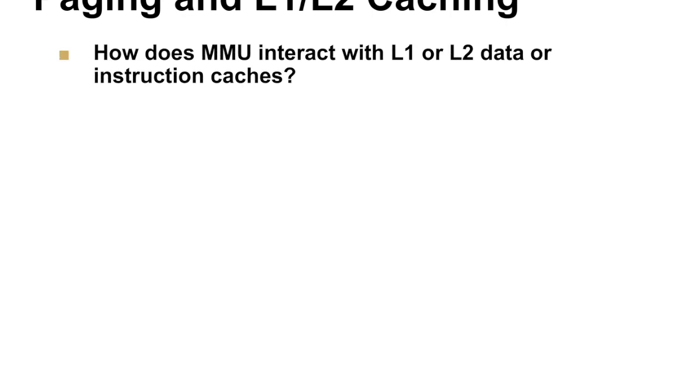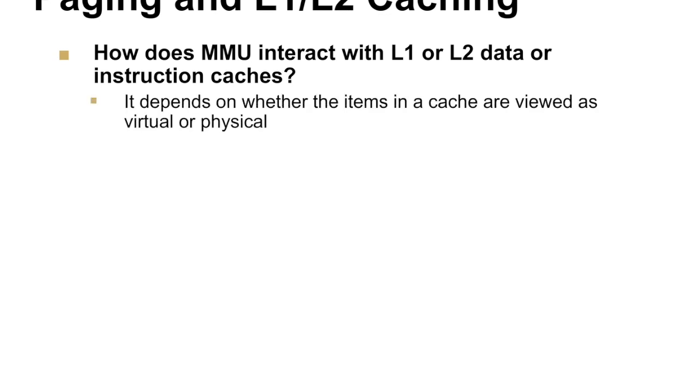So let's talk about paging and caching. So the MMU really needs to interact with the L1 and L2 data. And how is it going to do that? It really depends on whether we are trying to cache things as virtual or physical addresses.